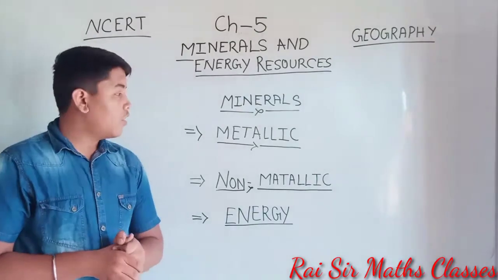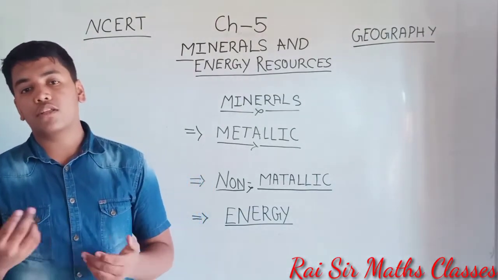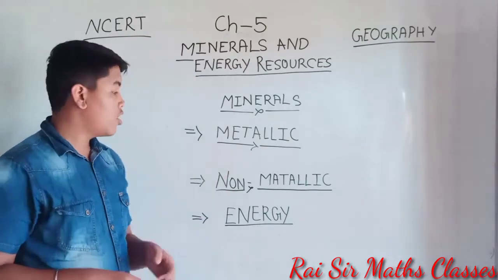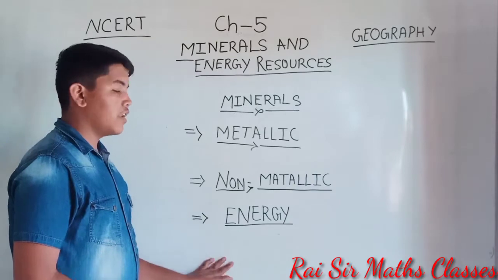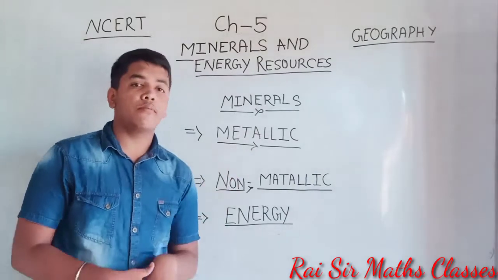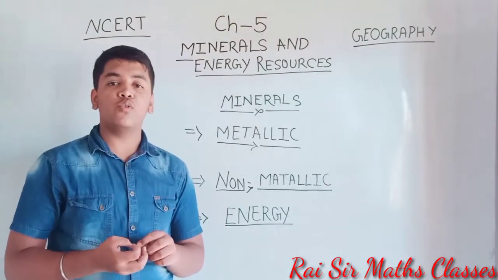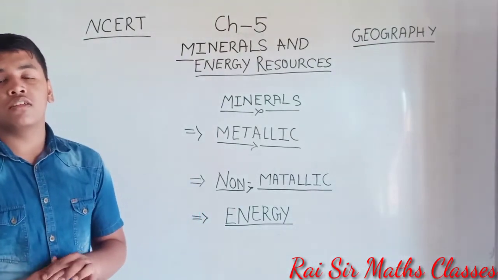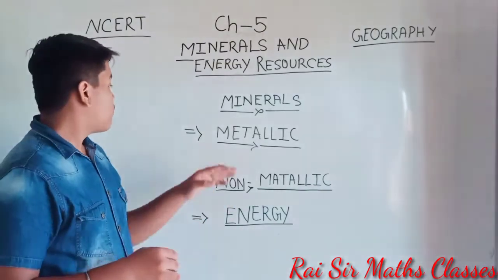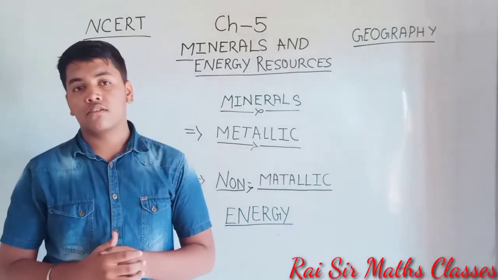So what are their types? We are basically going to know about the three types, which are metallic minerals, non-metallic minerals and energy minerals. Let's start with metallic minerals. As I told you, you hold the word and you get the meaning of any term which you don't know. So from the word metallic, what do you understand?